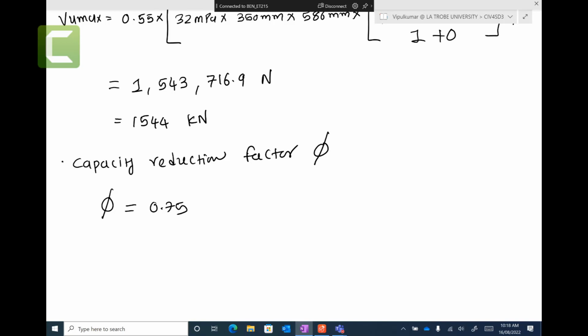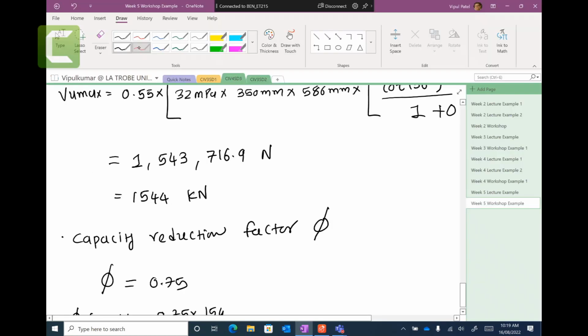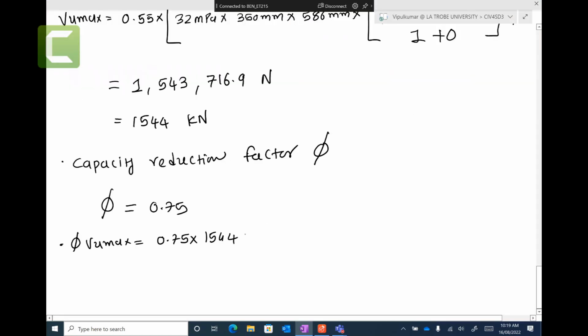And let's work out this phi VU max. Phi VU max equal to 0.75 times 1544 kilonewtons. 0.75 times 1544, you get 1158 kilonewtons.